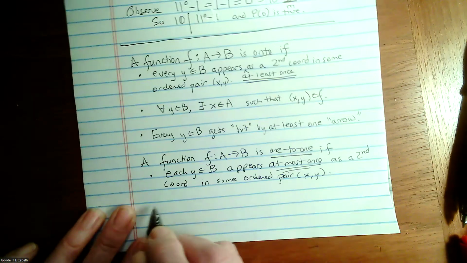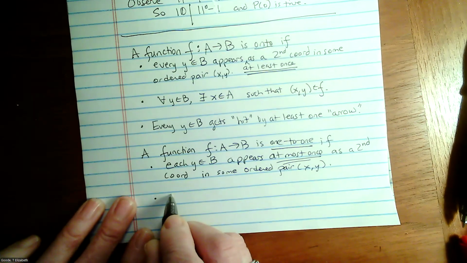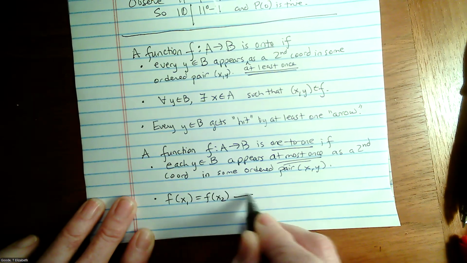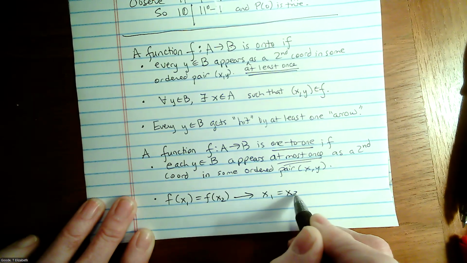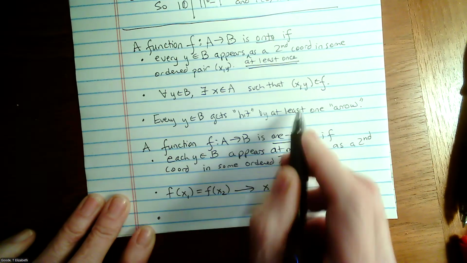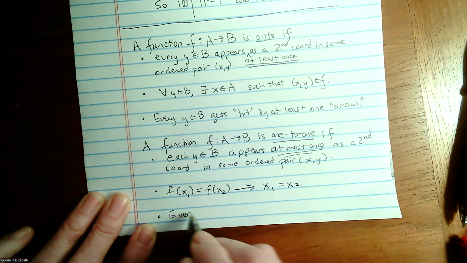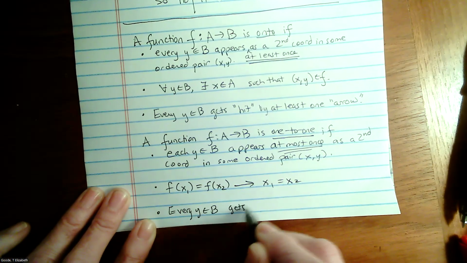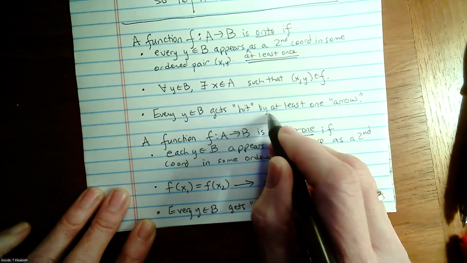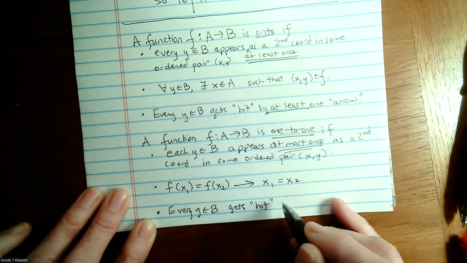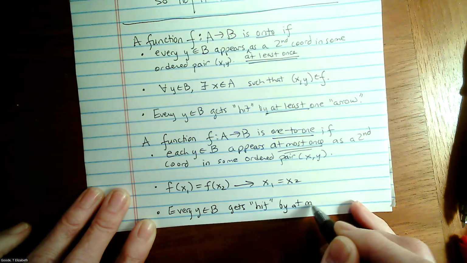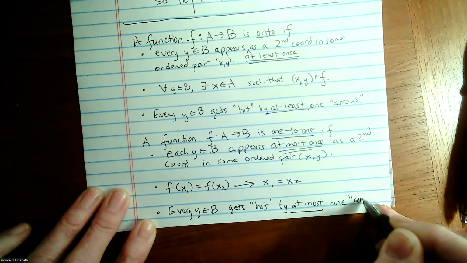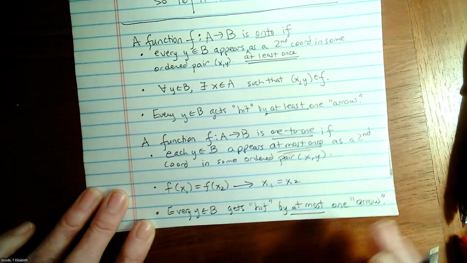Or you can think of it like this: if f of x1 equals f of x2, then that forces x1 to equal x2. Or with arrows, every y in B gets hit not by at least one arrow, but by at most one arrow. You can't have something getting hit twice.